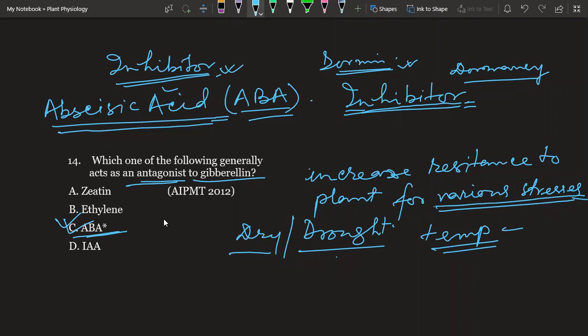And that is why this hormone ABA is known as a stress hormone.